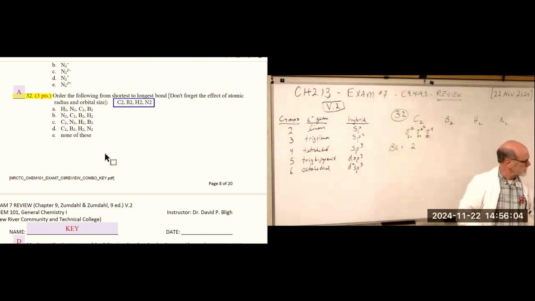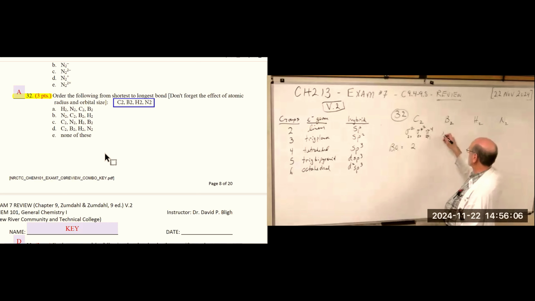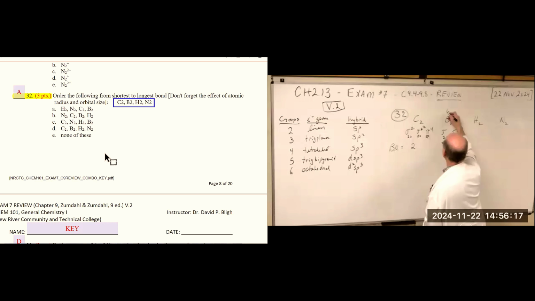Boron is going to be sigma, sigma star, 2s, 2s. Boron has how many? 6 electrons. This is 8 electrons, 6 electrons, 2, 4. Oh, we've got to go to pi, pi 2p.